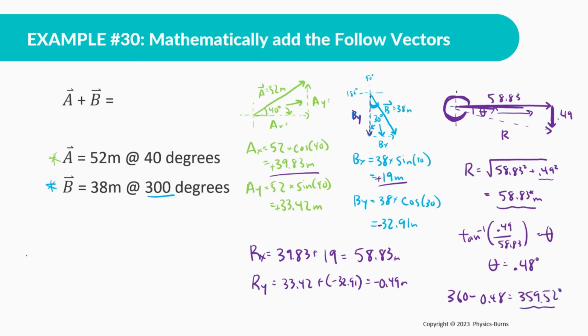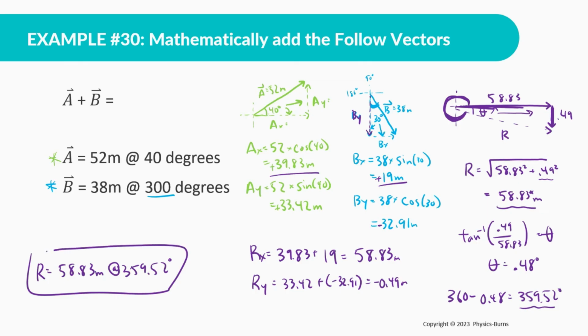So now that's our resultant vector: 58.83 meters, that's the magnitude, at 359.52 degrees. All right, let's move on.